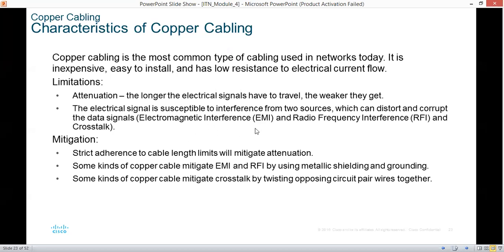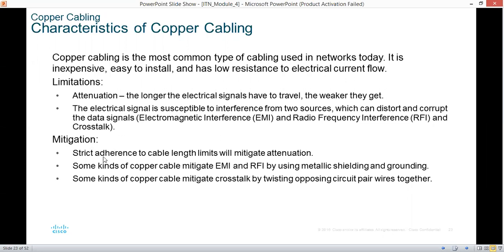So for instance, if you have your data cable running side by side with a power cable, you're bound to have this kind of interference. So it is best you run them separately to avoid interference, and then you could have radio interference in most cases. So these are things to be avoided.